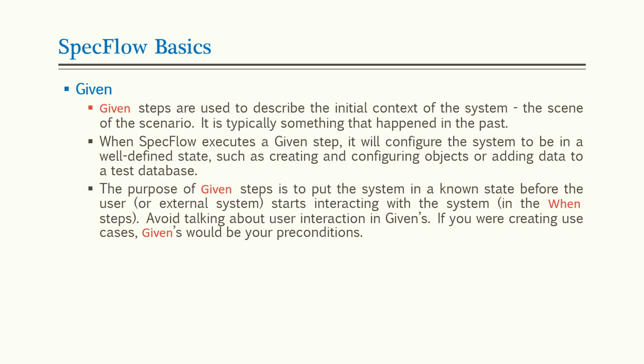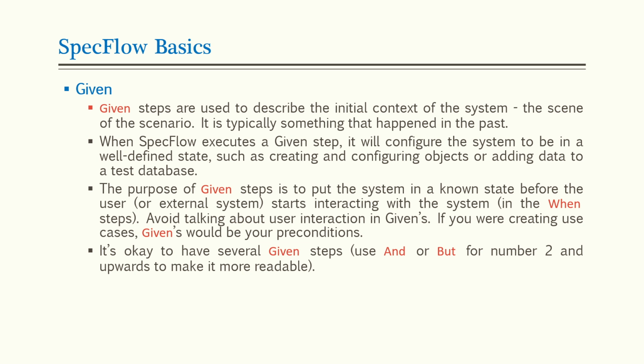The purpose of a given step is to put the system in a known state before the user or external system starts interacting with the system in the when step, avoiding talking about user interaction in givens. If you were creating a use case, given would be your precondition.